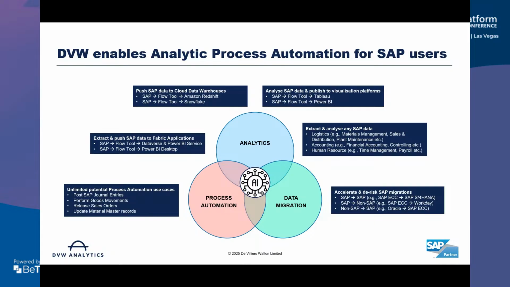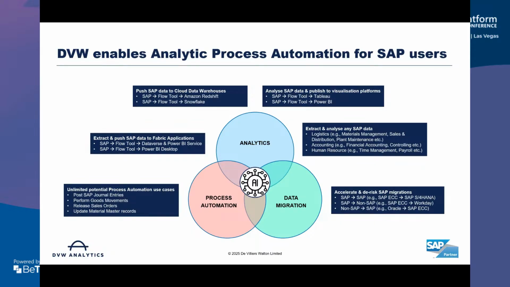We've also, down the bottom right there, just to mention, got an ongoing build of projects where we are assisting and accelerating and indeed de-risking SAP migrations, whether they be the classic migration at the moment, which is ECC to S/4HANA. Lots of those going on.